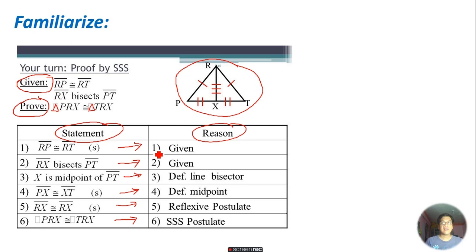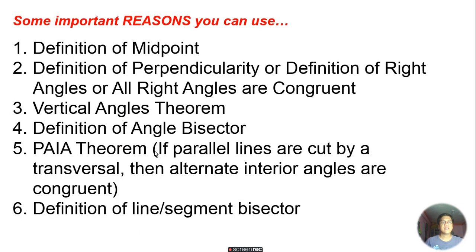So be familiar with this two-column proof. These are just some important reasons that we can use. If we have a statement and we're looking for a particular reason for it, you can use all of these. The first one is the definition of a midpoint.